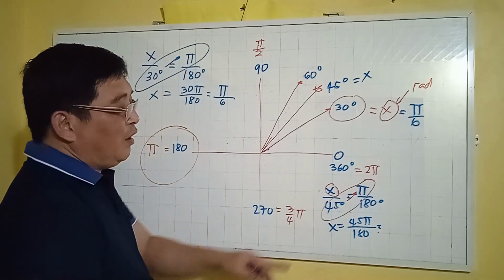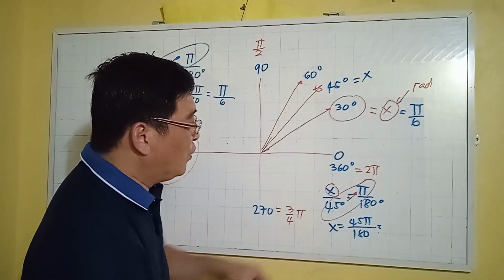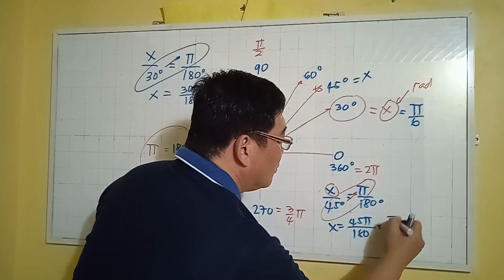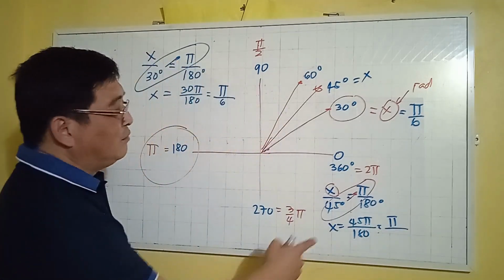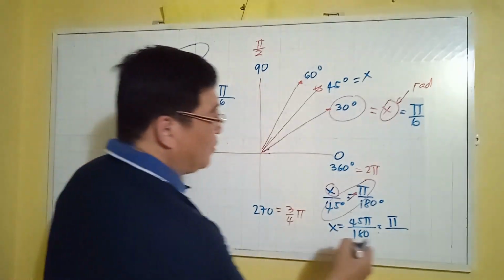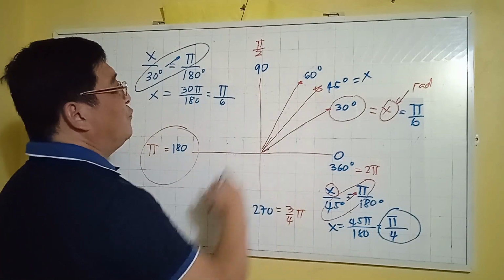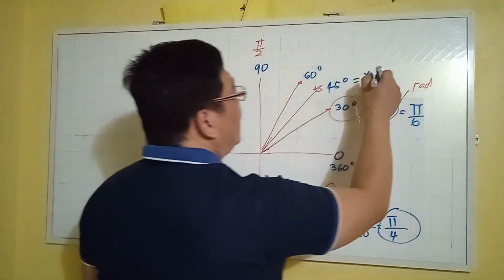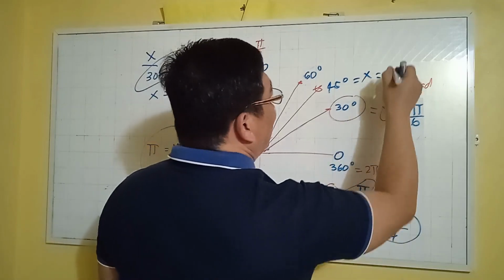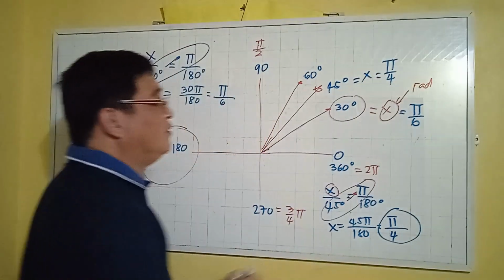And 180 and 45 is divisible by 45. So, our x here is 45 divided by 45 is 1. And then, 180 divided by 45 is equals to 4. Now, we have 45 in terms of pi, 45 degrees is pi over 4.